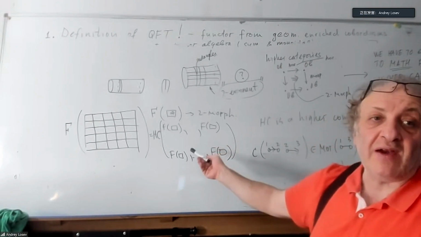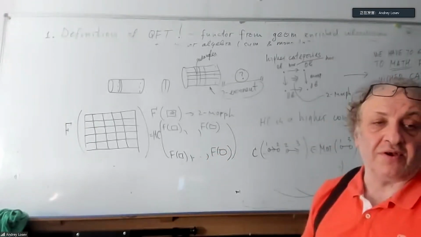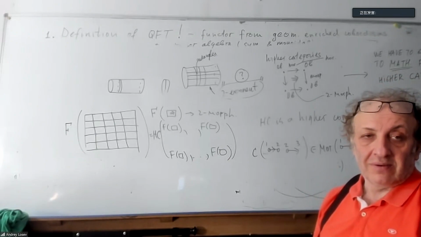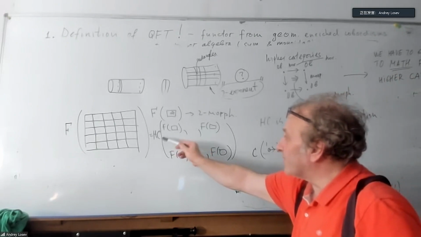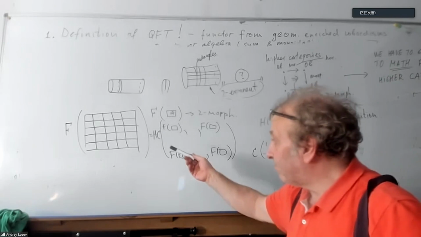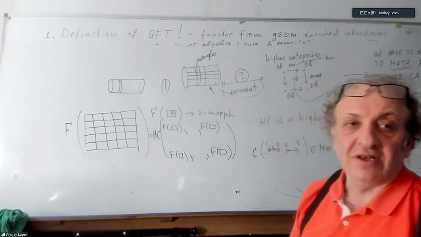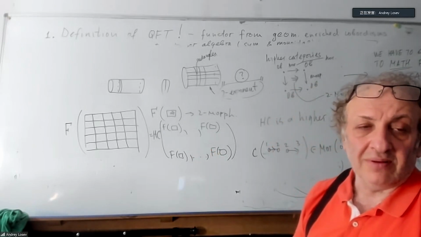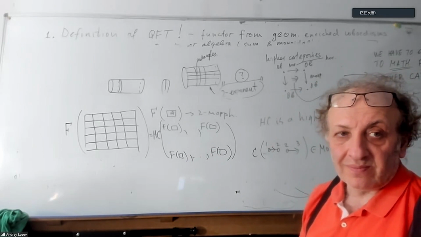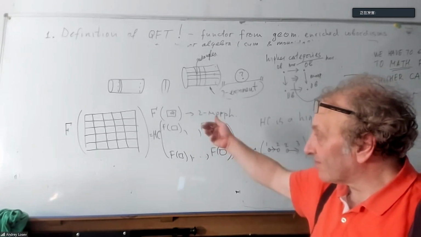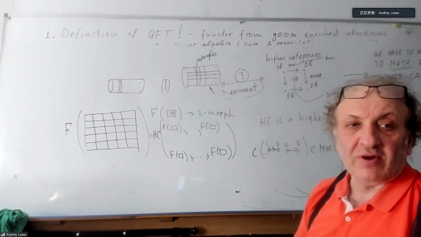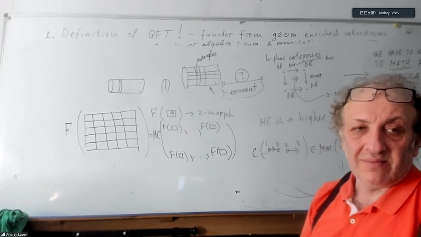Now, here we have to do higher category theory. And here is the higher composition. It's an operation. In this case, higher composition is an operation on the table. It corresponds to gluing small rectangles into big rectangles.